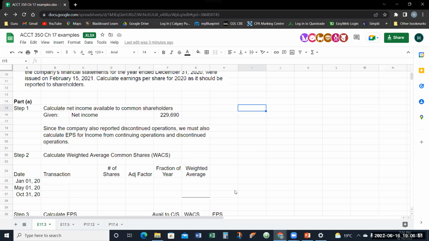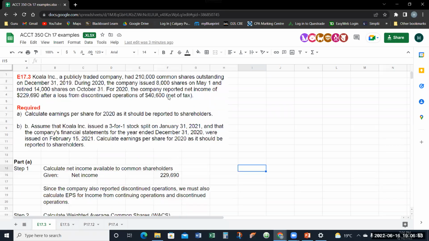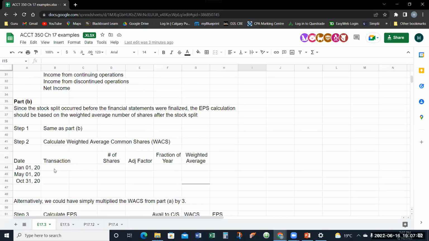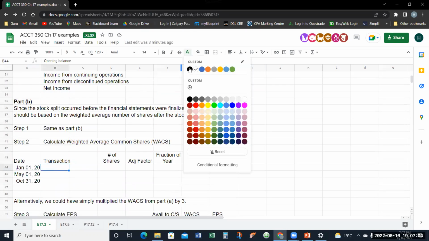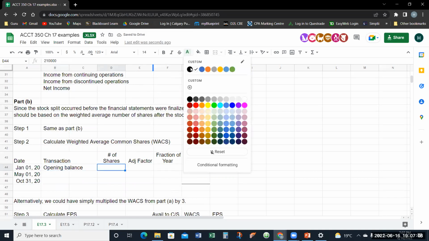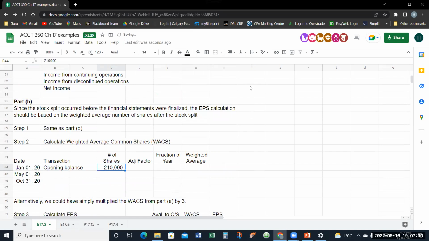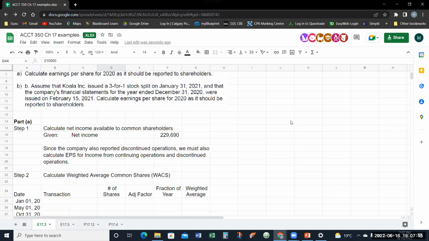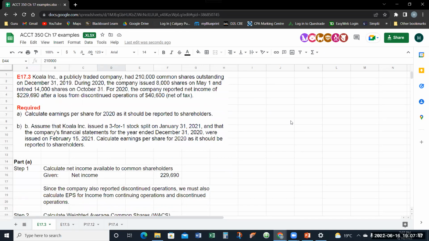So the company began the year with a certain number of shares, right? At the beginning of the year, the company had 210,000 common shares. That for us is the opening balance, right? So we have an opening balance of 210,000 shares, right? So we started the year with 210,000. Now, during the year, there are two transactions that occurred that affect the number of common shares.